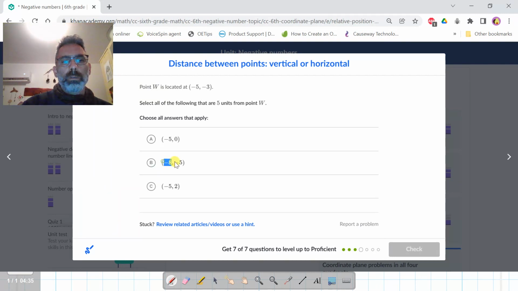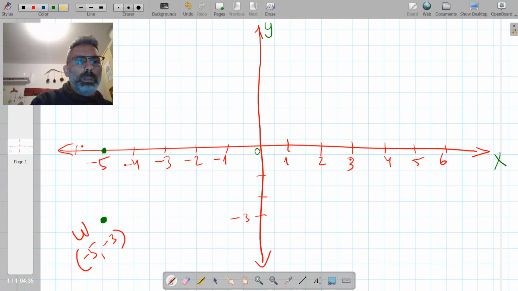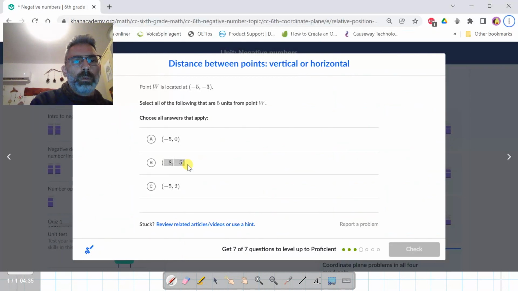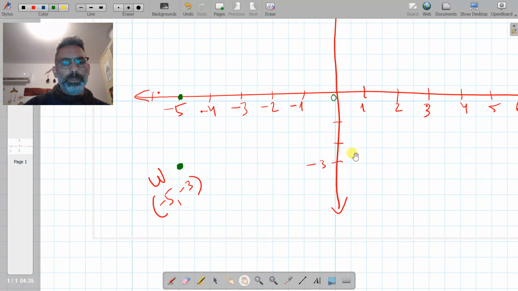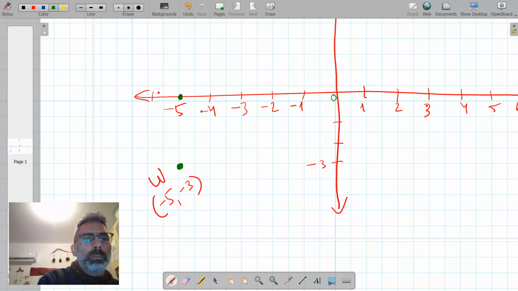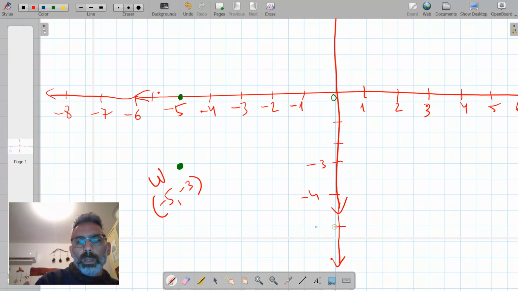Okay. Negative 8 and negative 5. This is negative 6, this is negative 7, this is negative 8, this is negative 4, and this is negative 5.